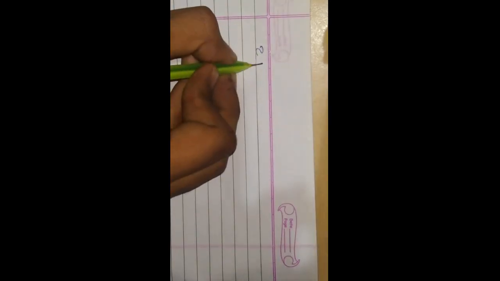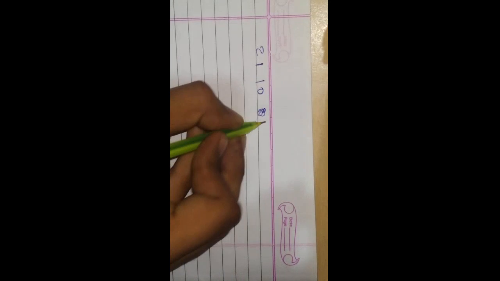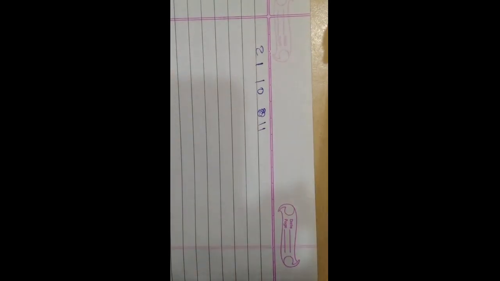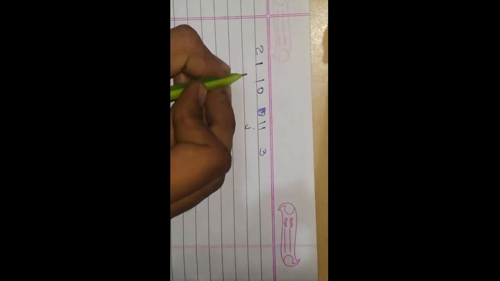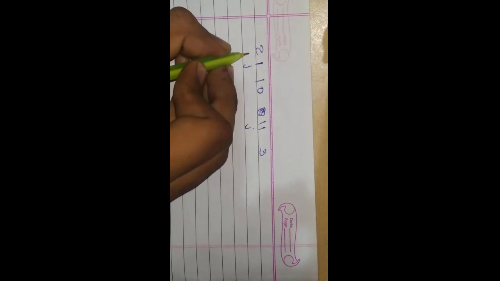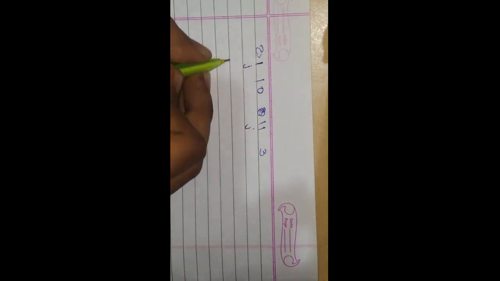Now after swapping there is 2, 11, 10, 3. Okay, after that 10, 11 and 3. So now we again check the value of j and the previous value. Yes, it's greater, so again we swap.